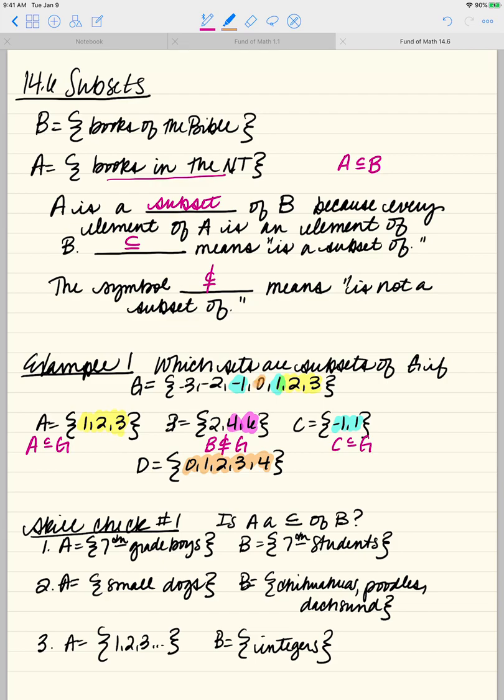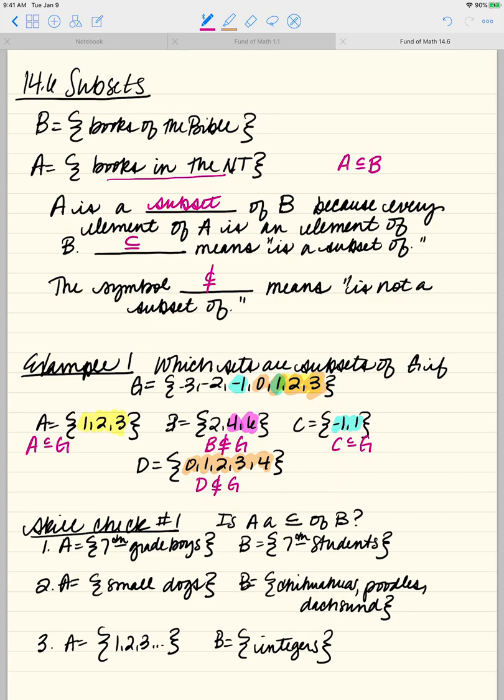I see 0, 1, 2, 3, but I don't see 4. So D, even though it has 4 of the same elements, does not have the number 4, and G does not have a number 4. So D is not a subset of G.